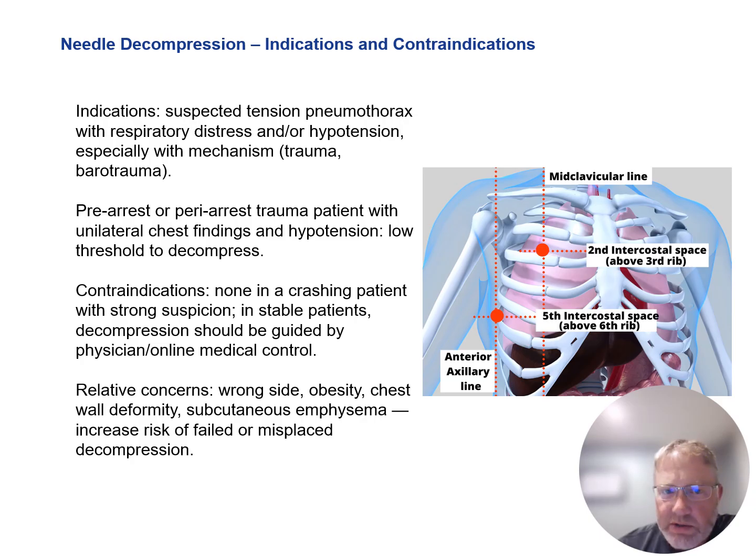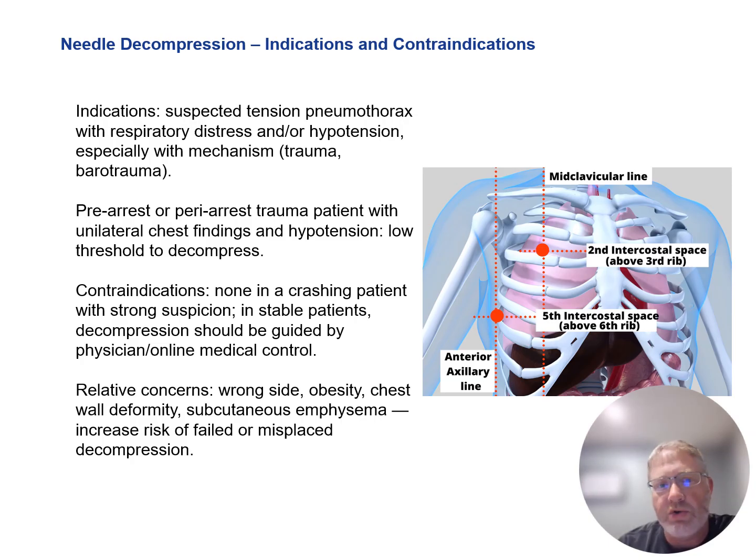In a pre-arrest or a peri-arrest trauma patient with unilateral chest findings and hypotension, your threshold for decompression should be very low. The risk of doing nothing is far higher than the risk of decompressing. In a more stable patient, you should seek physician input and imaging if possible before decompressing. But there are really no absolute contraindications in a crashing patient with strong suspicion.